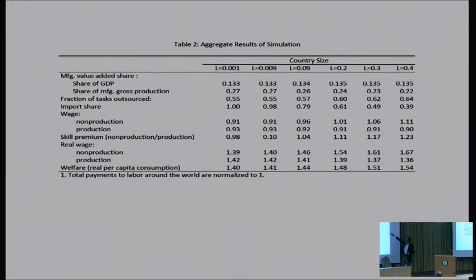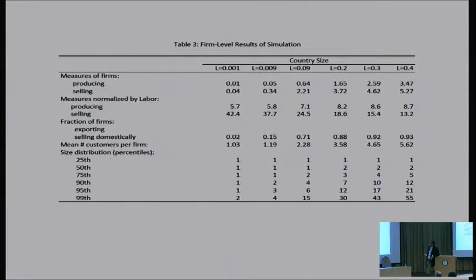So we get a big skill premium for non-production over production workers in the bigger markets. And we get real wages rising in the bigger markets, although not for production workers, but the aggregate real per capita consumption goes up in the bigger markets, even though the production workers do less well in the big markets.